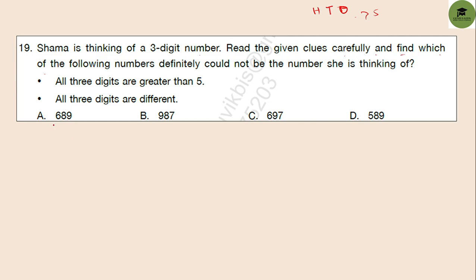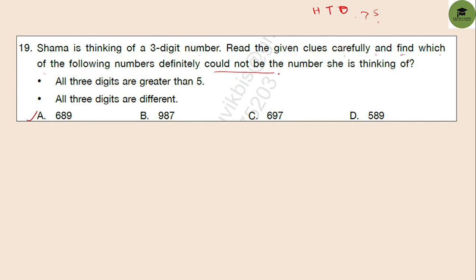If you see 689, 987, 697, 589. So 689 is correct because all are greater than 5. What do they ask?